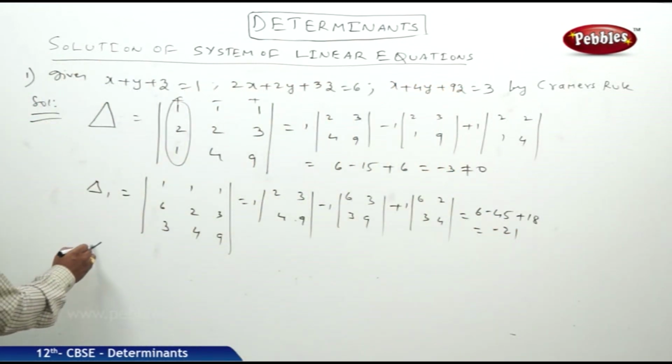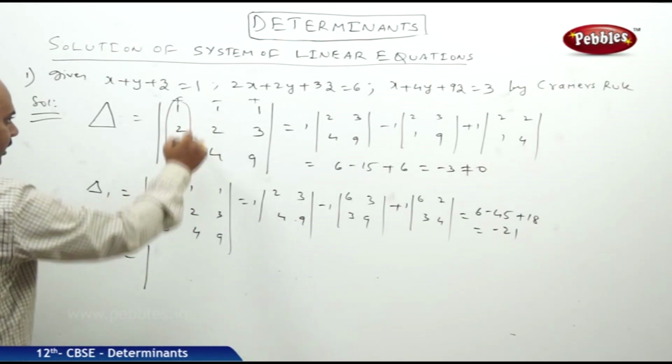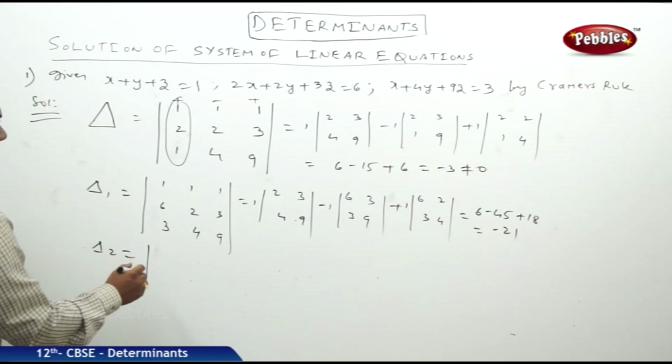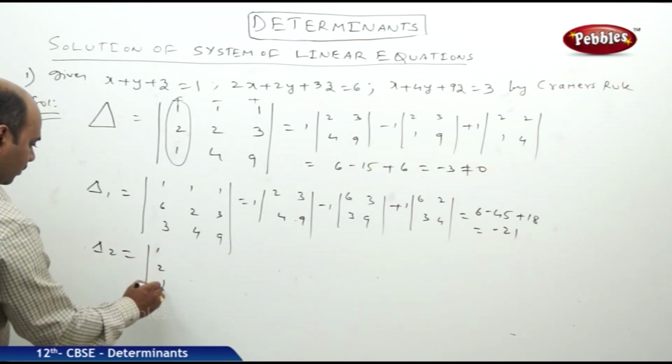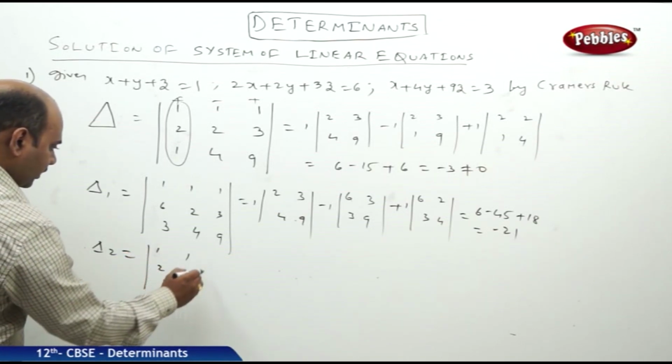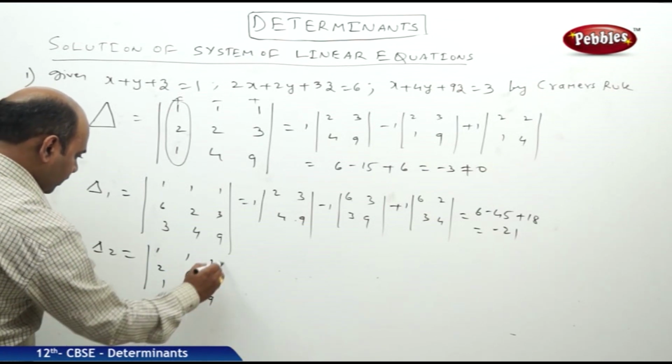And later I need to find delta 2. Delta 2 means the second column should be replaced by 1, 6, 3. So the matrix is 1, 2, 1, 1, 6, 3, 1, 3, 9.